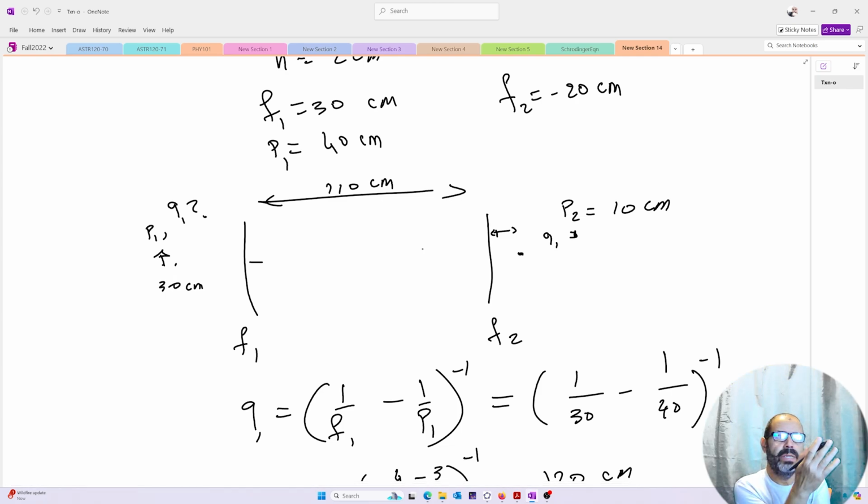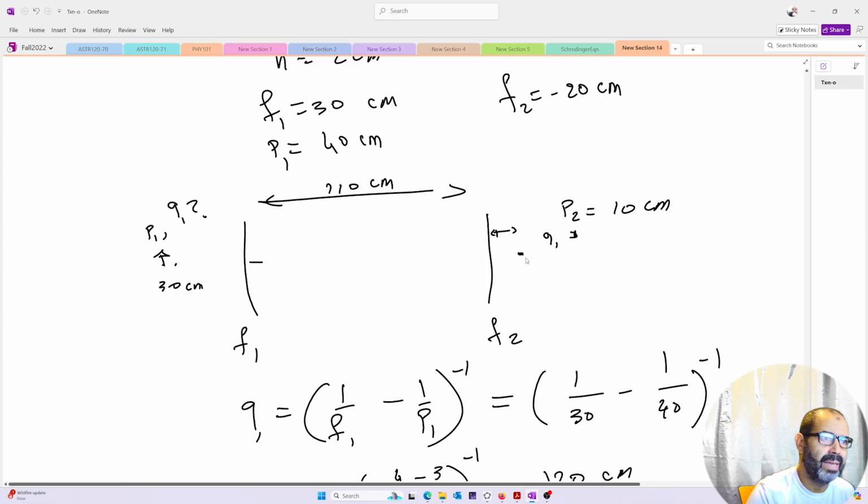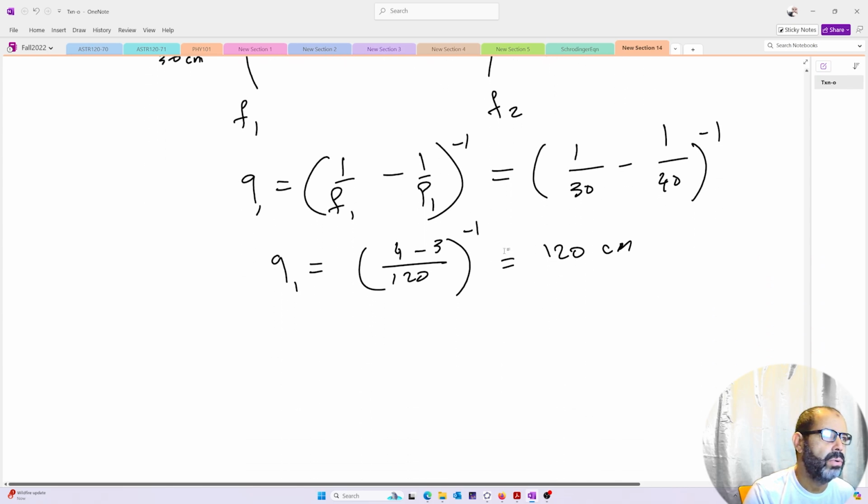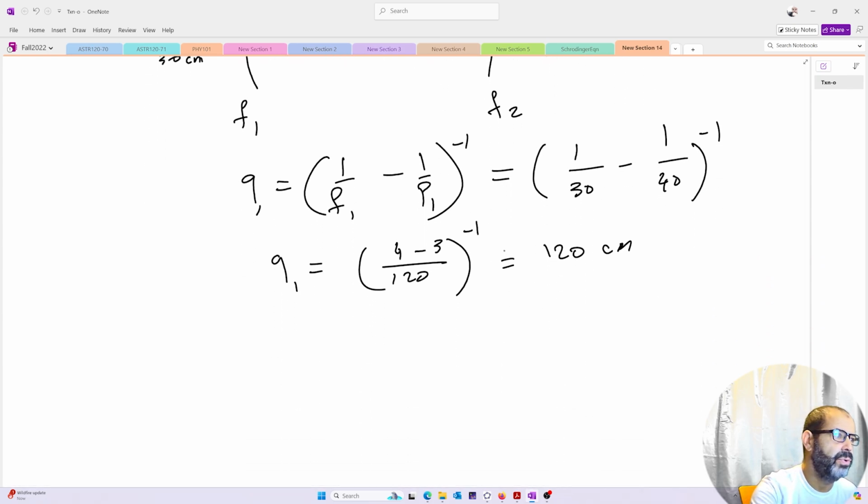So it's situated 10 centimeters to the right of the diverging lens, okay? Since this is diverging, the image is still going to be on this side, because diverging lenses create only virtual images. So the object is on this side and the image is going to be on this side too.